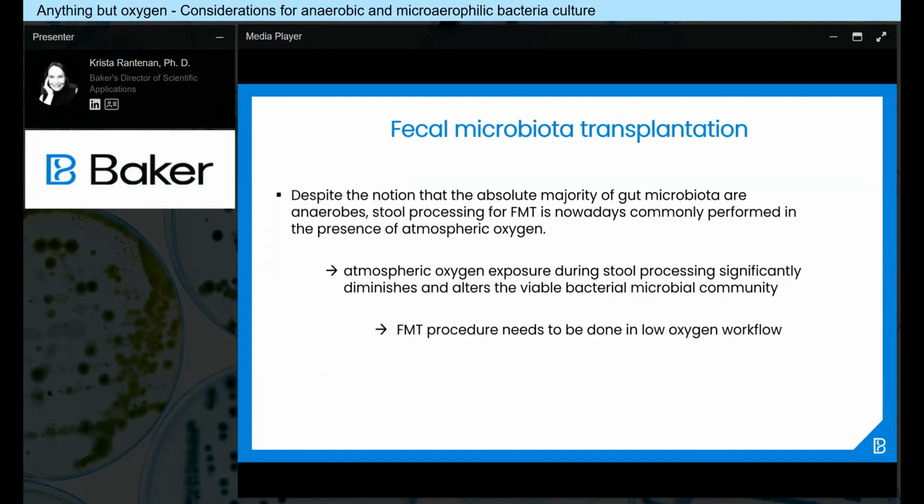Okay, so then the only understanding from this and action that needs to be taken is that processes like the FMT procedure really have to be done in a low oxygen workflow. So it doesn't just go that you do one bit of the process in low oxygen. It really needs to be a workflow where this is considered.